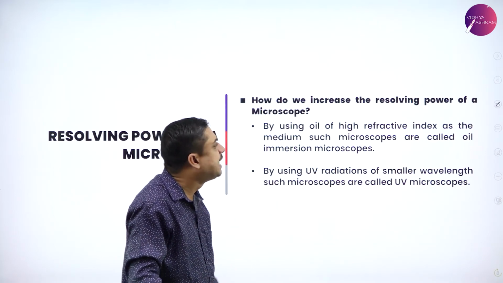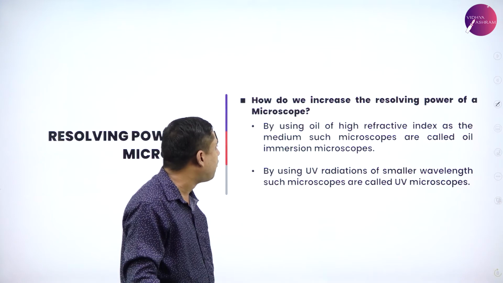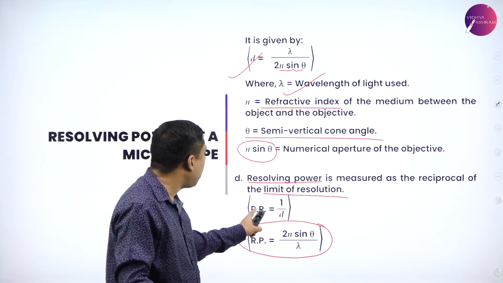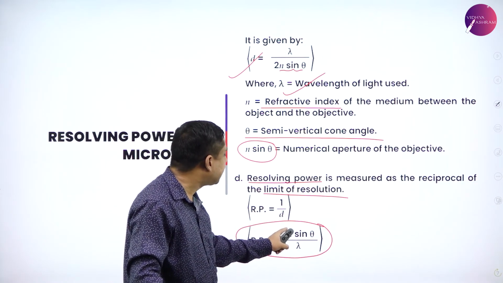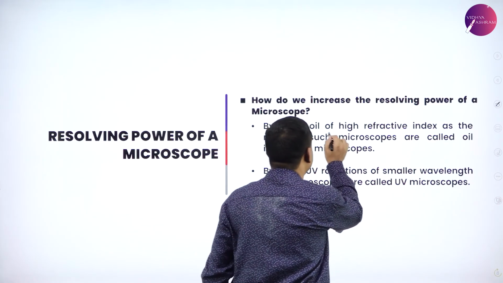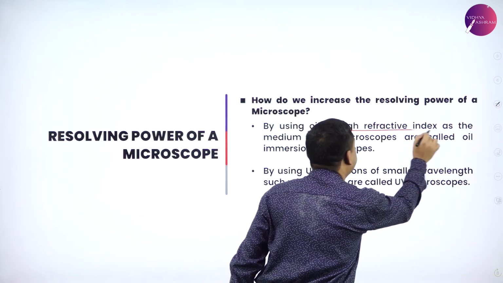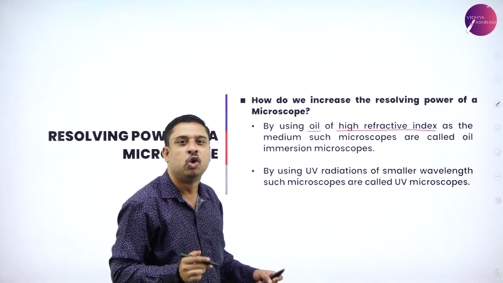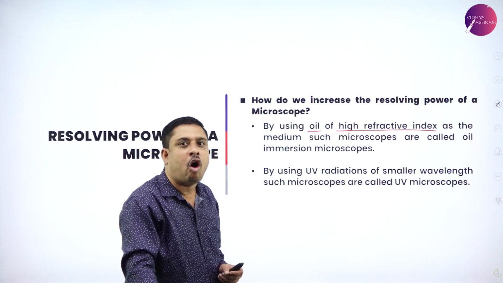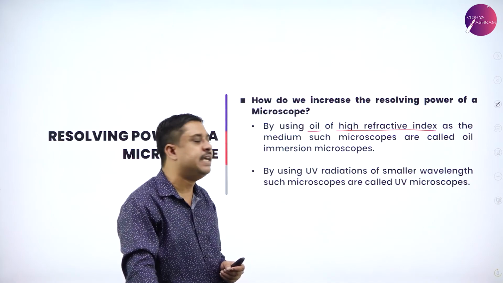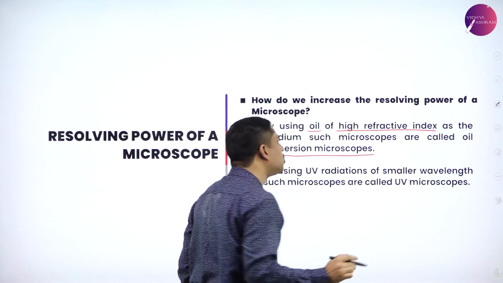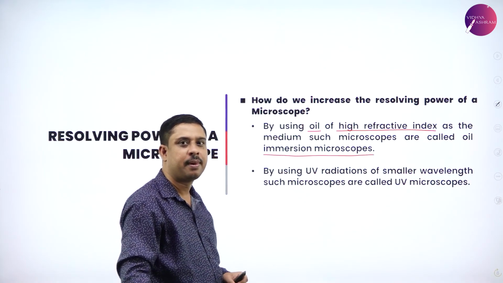How do we increase the resolving power of a microscope? If you observe, resolving power is directly proportional to n and sin theta. So we use oil of high refractive index to increase the resolving power, which is called an oil immersion microscope.